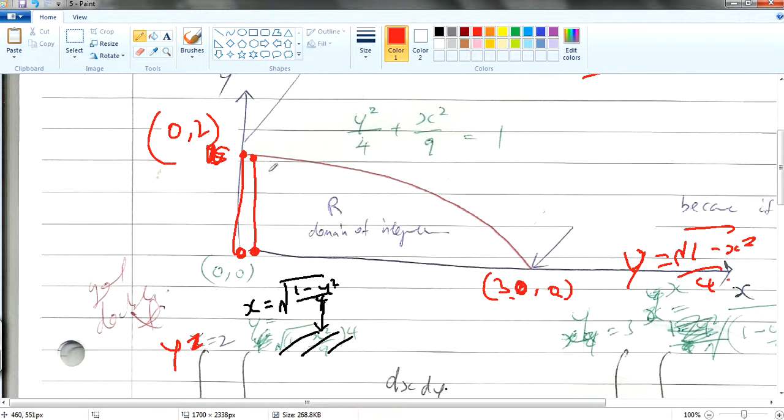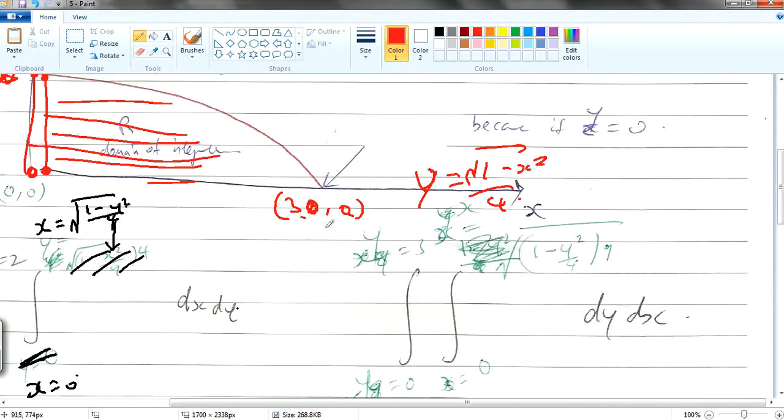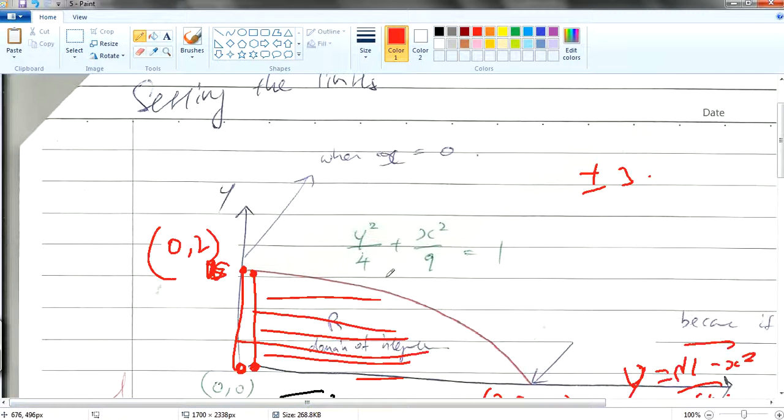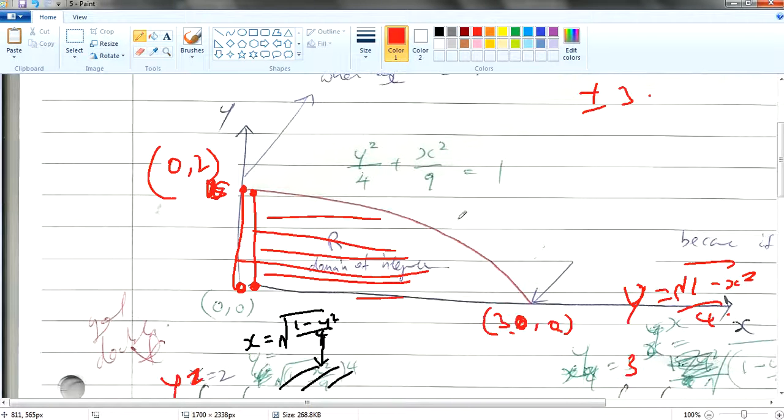So from 0 to whatever the equation leads you to, you'll eventually get this shape. And then this is the dy, and dx is the same thing. Because this is the outer one, this should be 3 and this should be 0. This is very easy. When I'm doing it, you can see the flow. But this is just to convey the basic ideas of how double integration works.